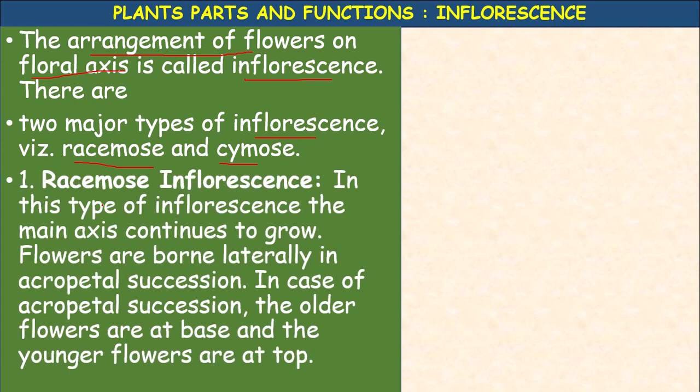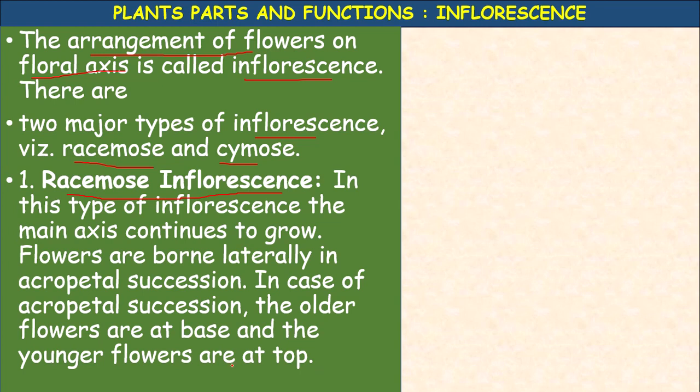What is the racemose type of inflorescence? In this type of inflorescence, the main axis continues to grow. Flowers are borne laterally in acropetal succession. In acropetal succession, the older flowers are at the base and the younger flowers are at the top.